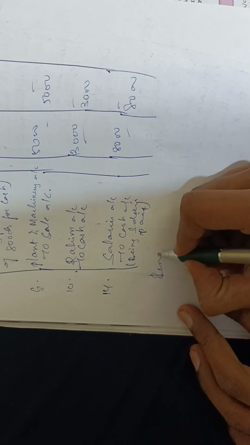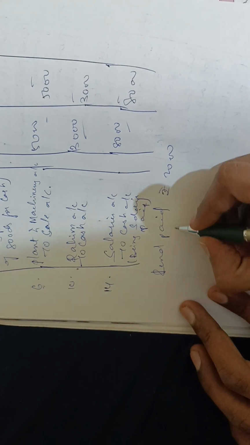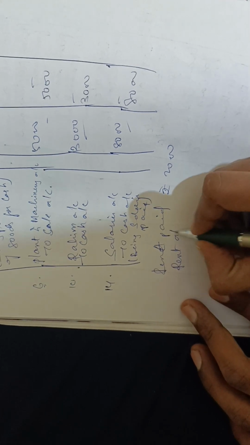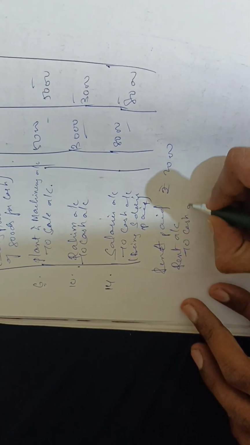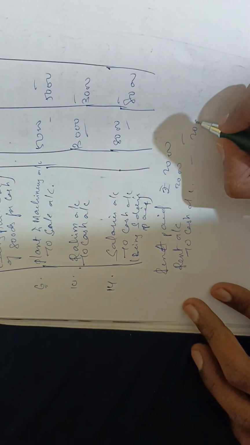Suppose a transaction comes: rent paid rupees 2000. What will be the entry? You are paying the rent, so rent account to cash account, with 2000 on the debit side and 2000 on the credit side.